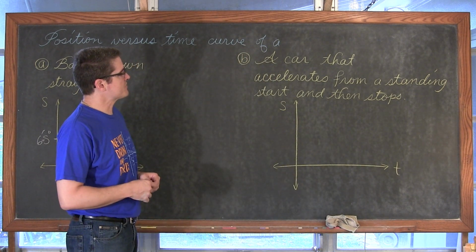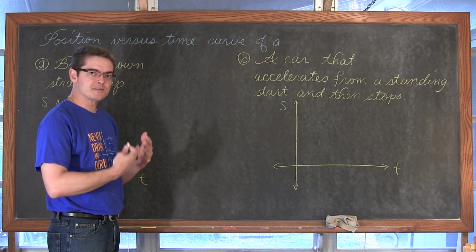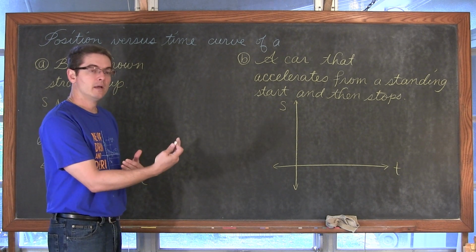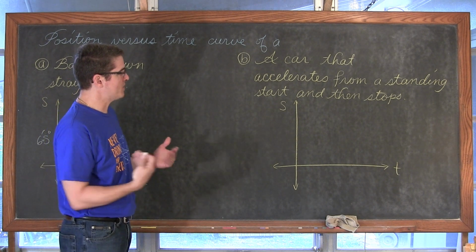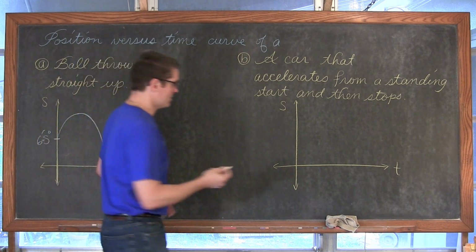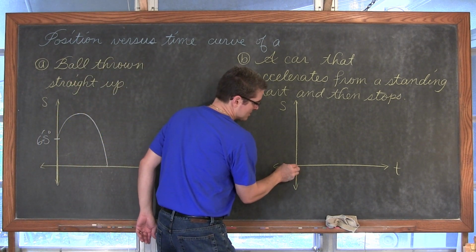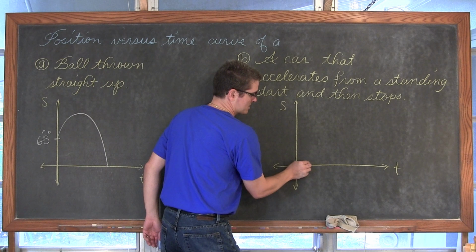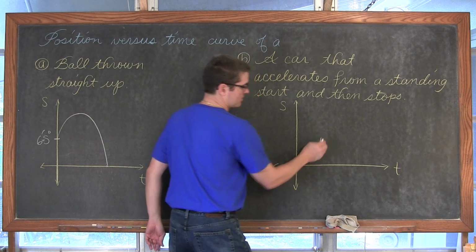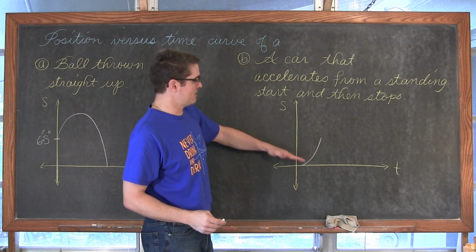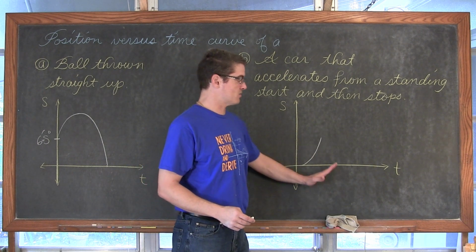A car that accelerates from a standing start, in other words, a car that is sitting still, going nowhere, its position is not changing. Then you accelerate and then stop the car. So we have a position of 0 until you start to accelerate, and as that car accelerates, its position starts changing faster and faster with time.